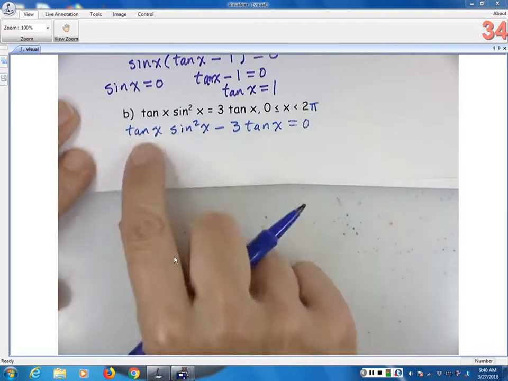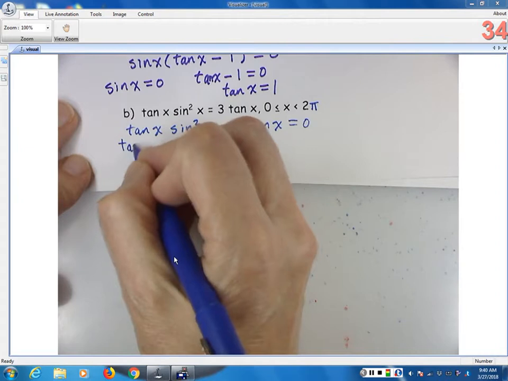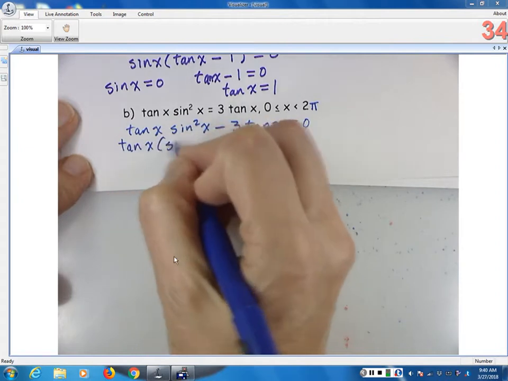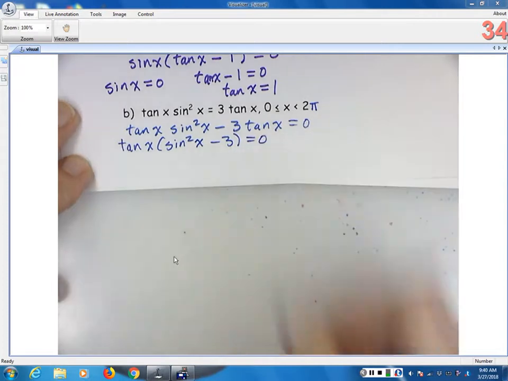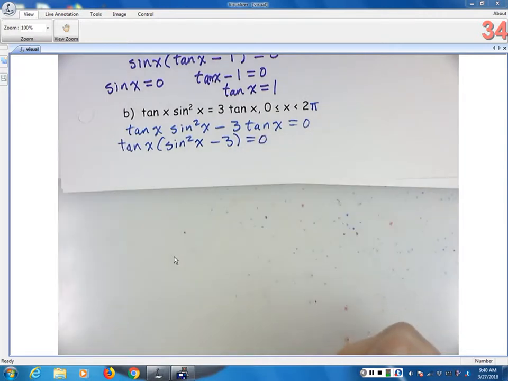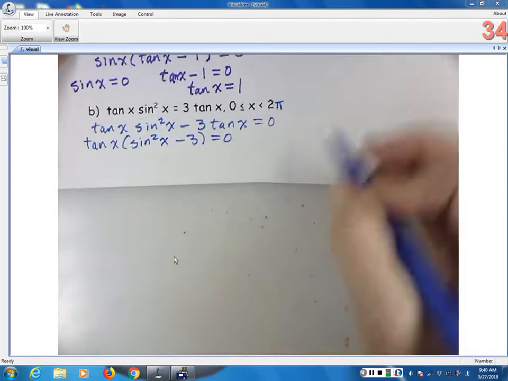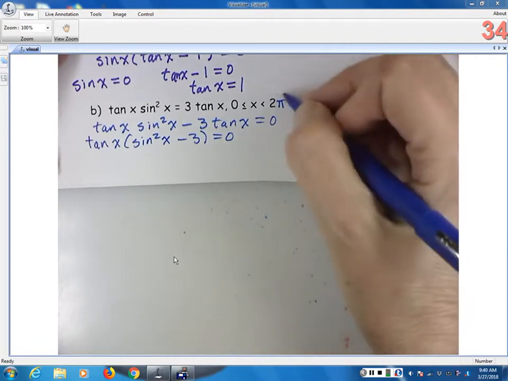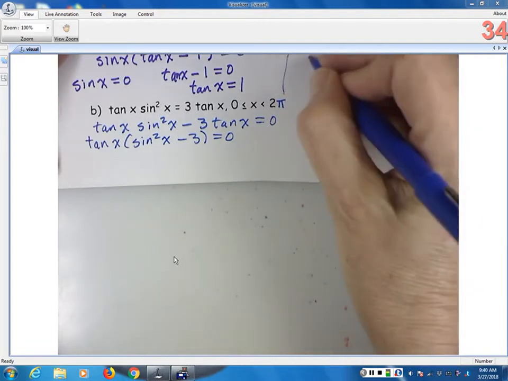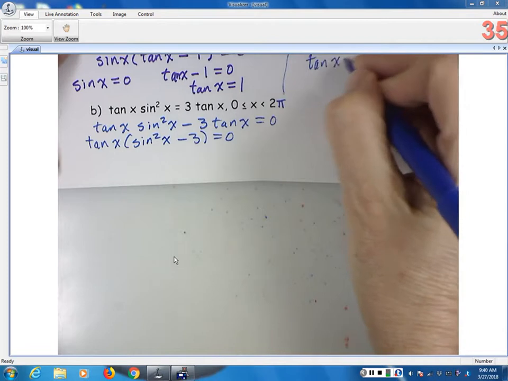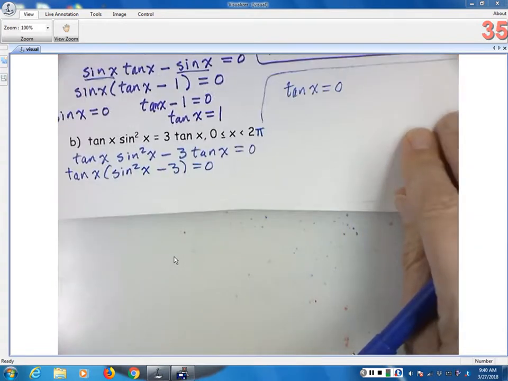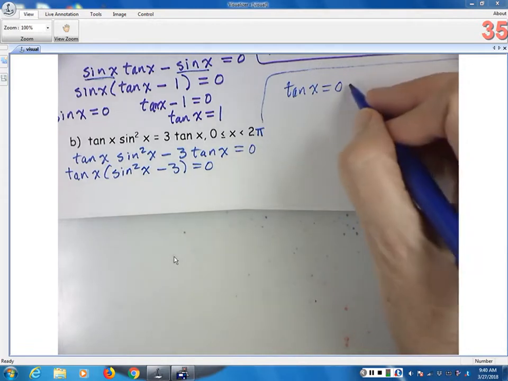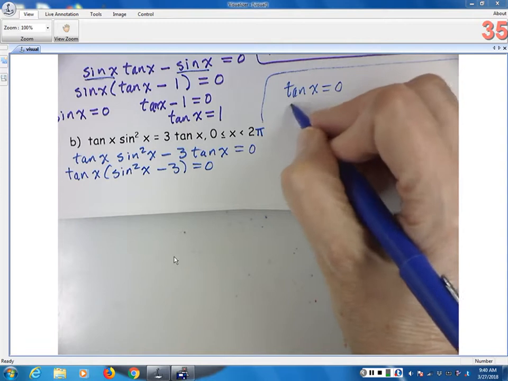Now we're going to factor the tangent out. Tangent x times sine squared x minus 3. And now we set both these factors to 0. Tangent x equals 0. When is tangent going to be 0? When sine is 0.